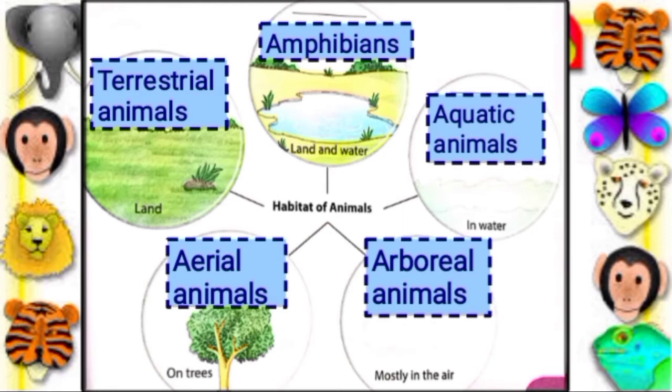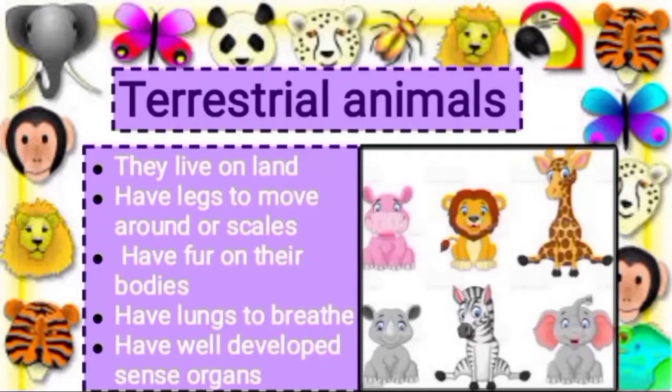Based on where animals spend most of their time, they can be grouped into terrestrial animals, arboreal animals, aerial animals, aquatic animals and amphibians. Now let's understand about terrestrial animals.